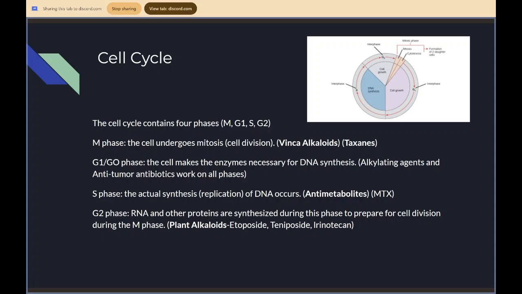So here we're going to have antimetabolites such as methotrexate. In the G2 phase, RNA and other proteins are synthesized to prepare for cell division during the M phase. The plant alkaloids etoposide, teniposide, and irinotecan work there.